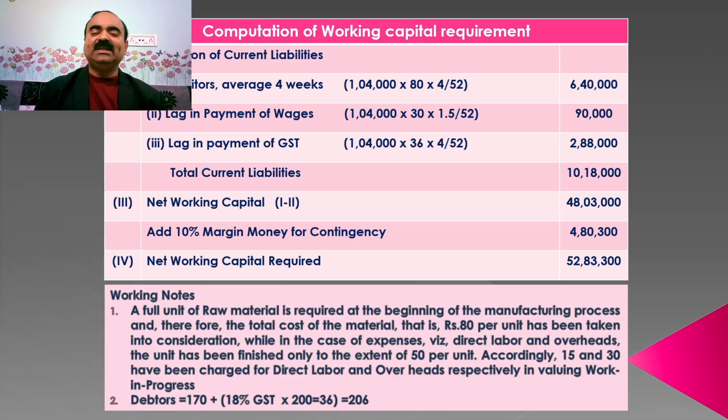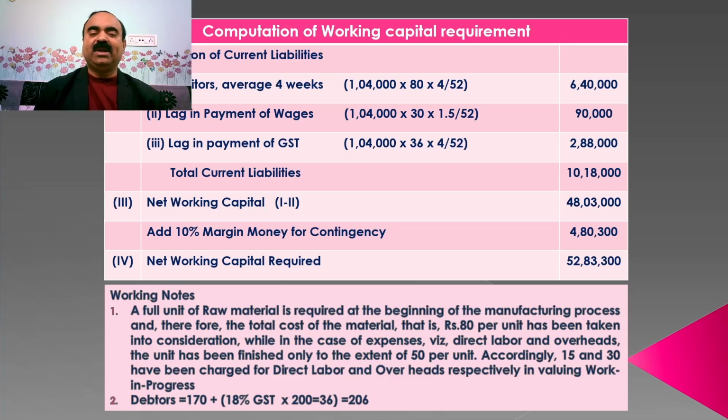Lag in payment of wages is calculated by multiplying 1,04,000 with per unit cost of wage 30 and time of 1.5 by 52, and we got the value of 90,000. Lag in payment of GST is calculated by multiplying 1,04,000 with 36 and 4 by 52, and finally we got the amount of 2,88,000. After adding all these current liabilities, we got the total current liabilities amount of 10,18,000.